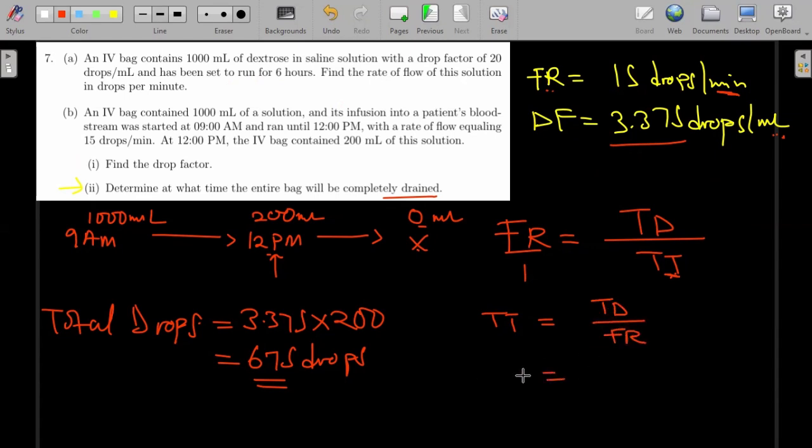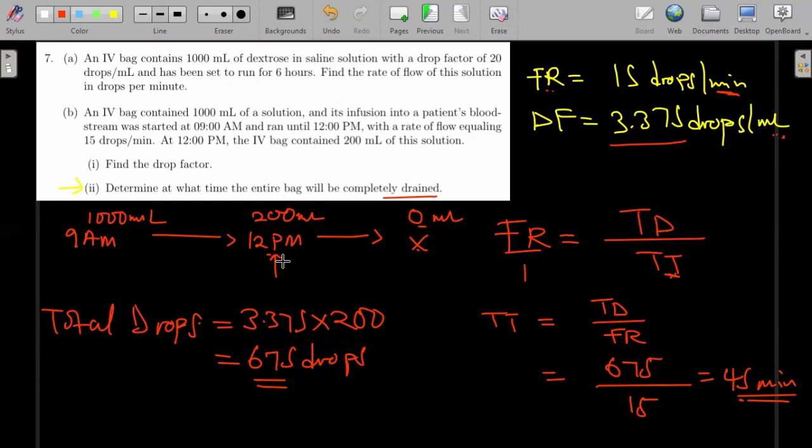The total drops we've found is 675 from these 200 milliliters, and the flow rate we're given is 15. When I divide these, I get 45 minutes. So for these 200 milliliters to finish, it has to take 45 minutes.